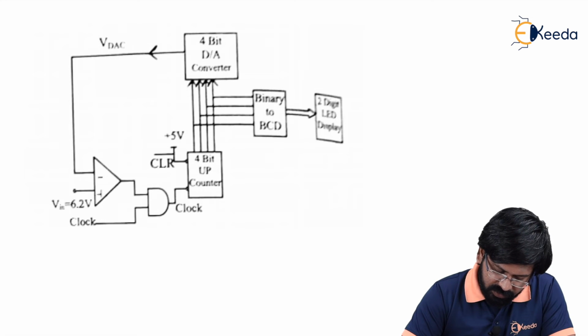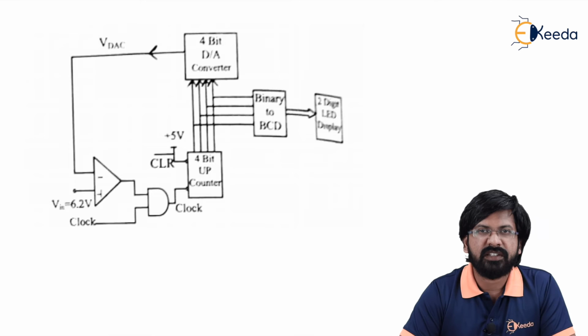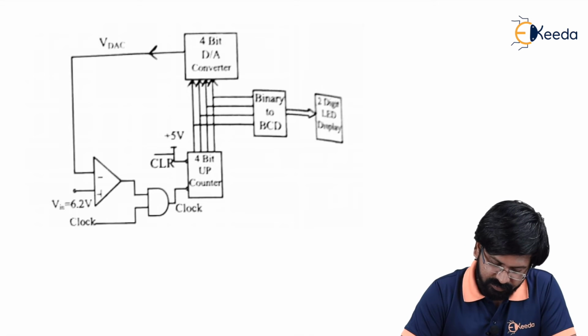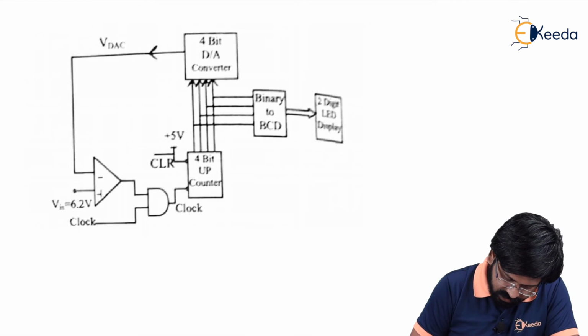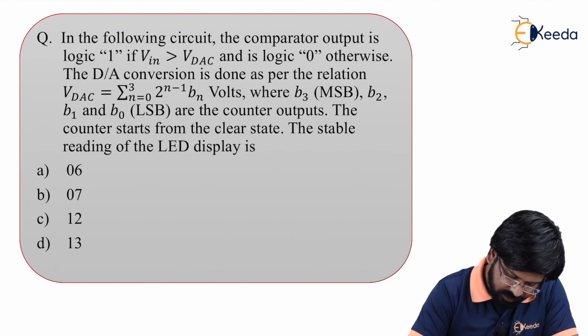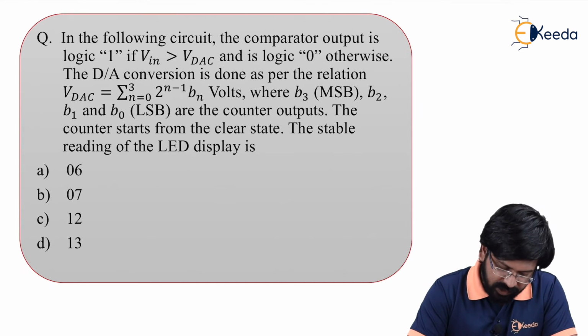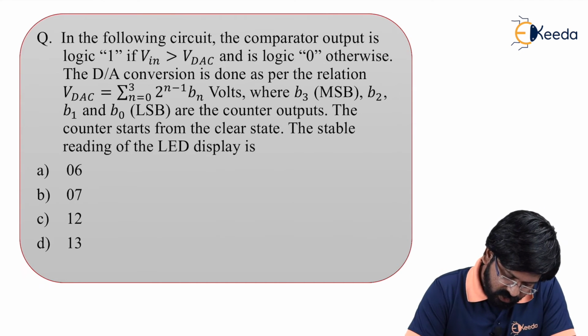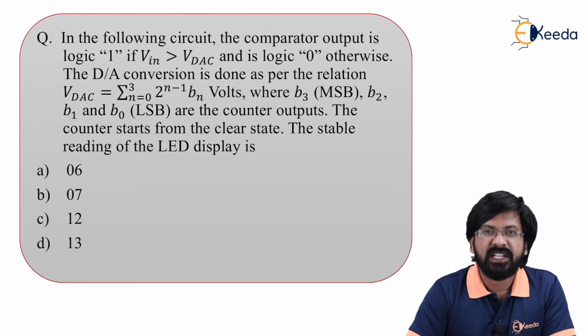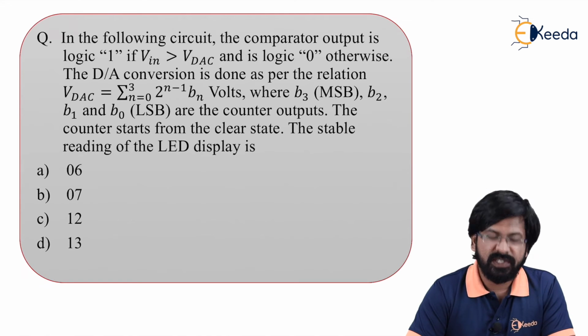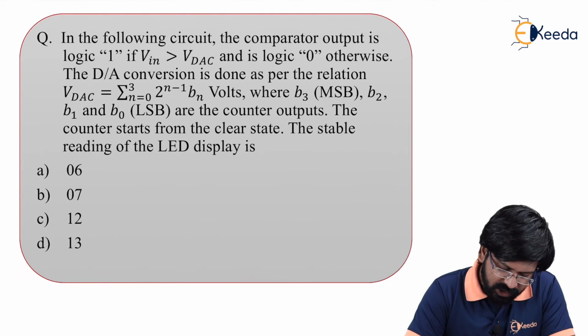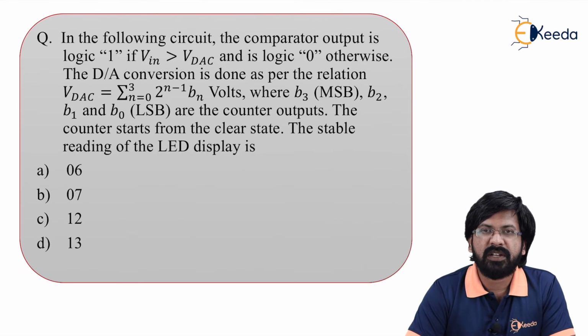If you see it carefully, this circuit is nothing but a counter type ADC. So let us go back to the question and see. If Vin is greater than VDAC, the output of the DAC, then only the output is logic 1. For less than or equal to, we get logic 0 as output.